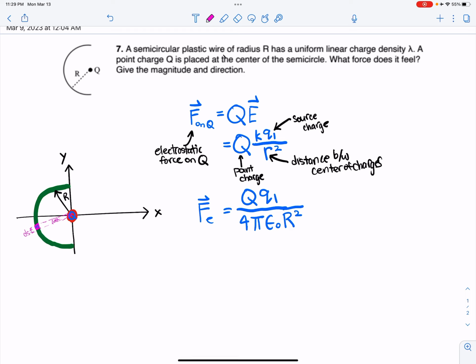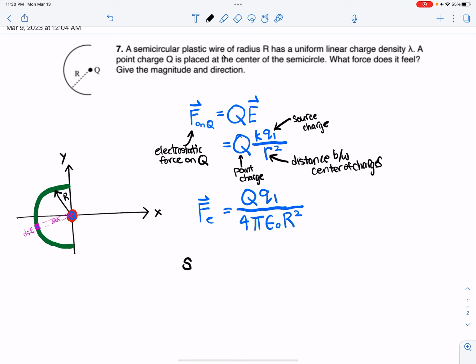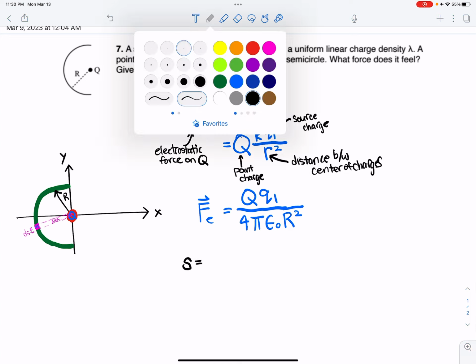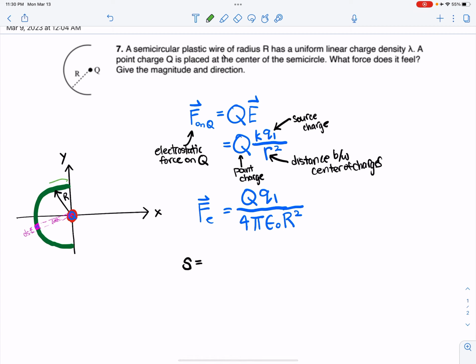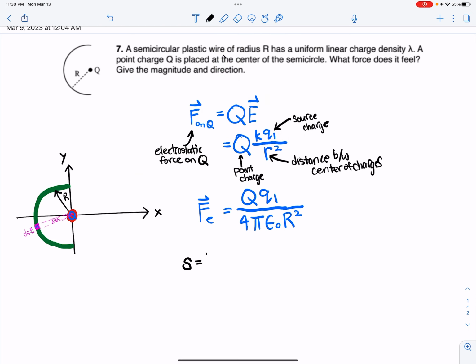So let's use our arc length formula. The total arc length S, by the way, this is the total arc length right here, from here to here, this whole thing. That is equal to r, since that's a radius, times theta, whatever our angle is.